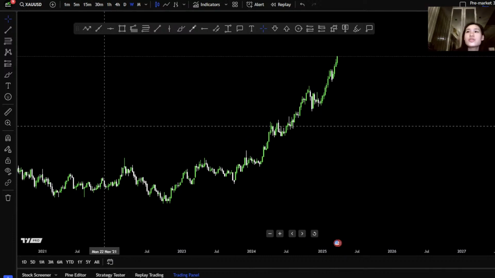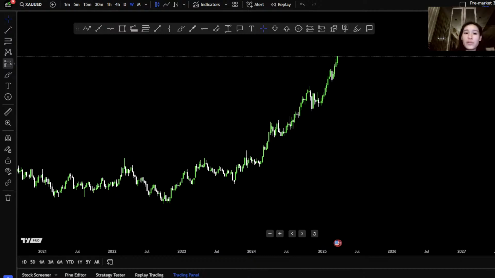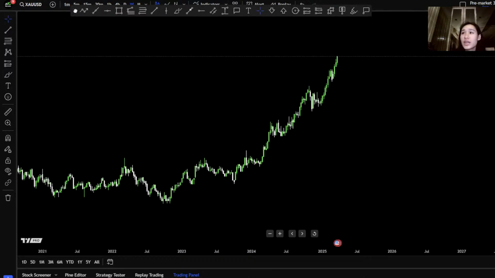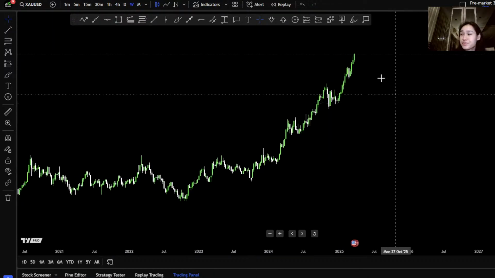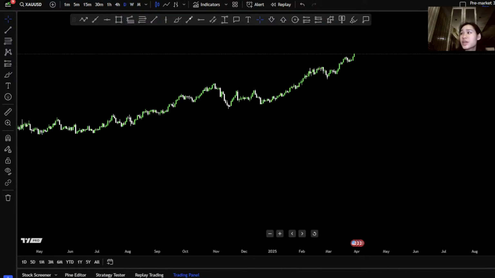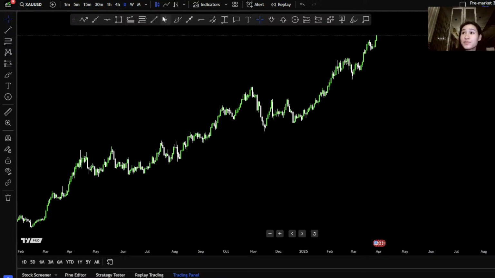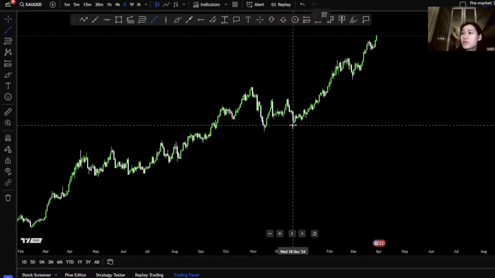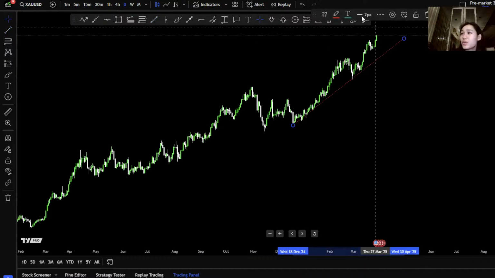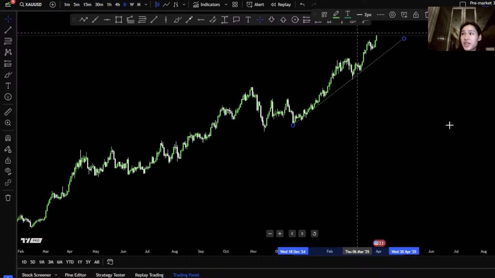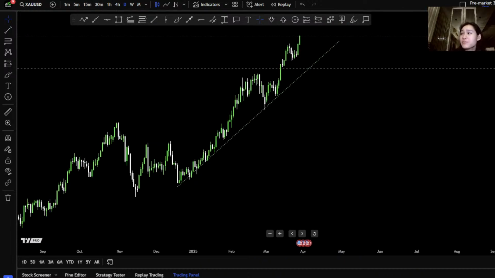Okay, so you can see all my tools at the side now and exactly what I'm using. On our weekly time frame, we can definitely see prices moving in an uptrend. On our daily time frame as well, we have prices moving in this ascending trend line.